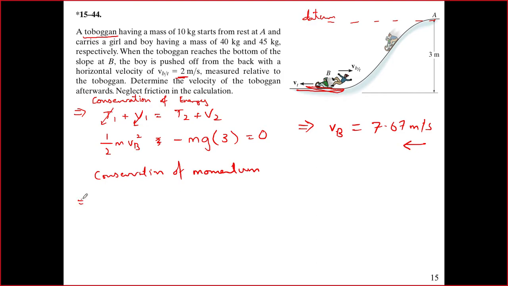So in that case, remember, for a system, it's m_i v_i equals m_f v_f.